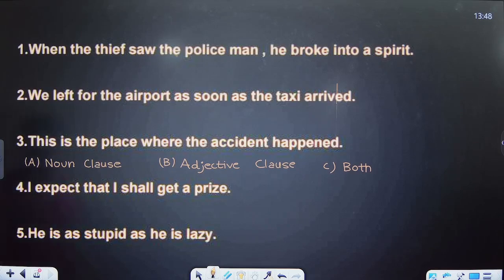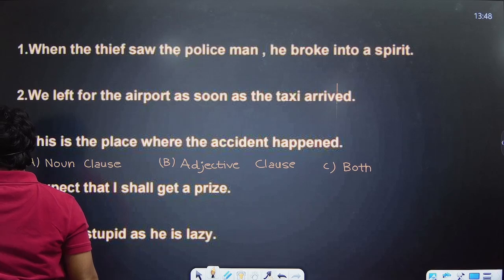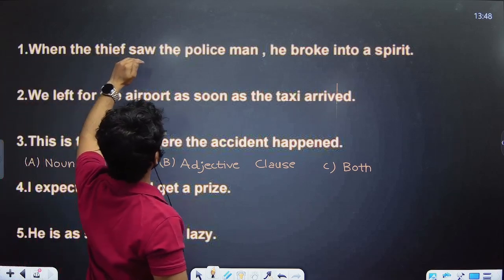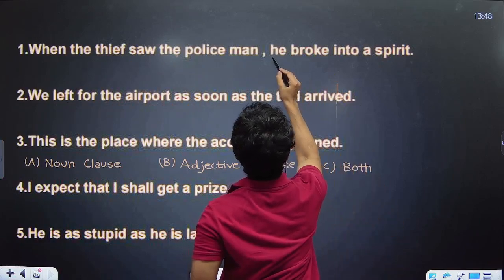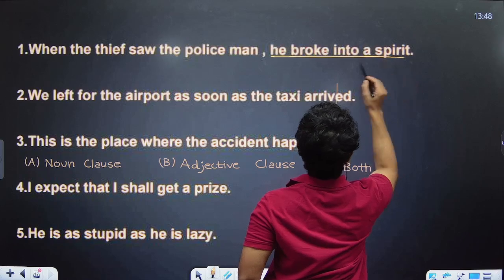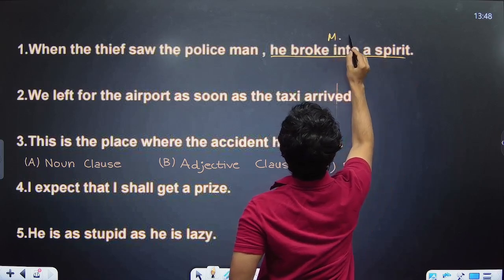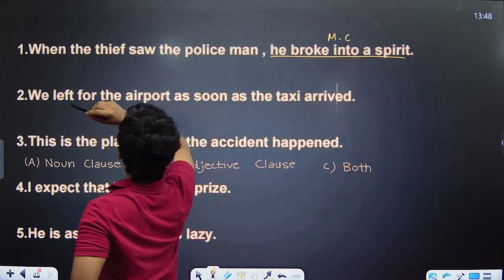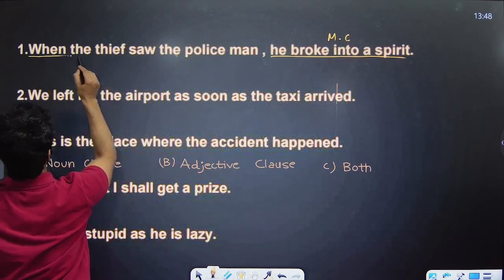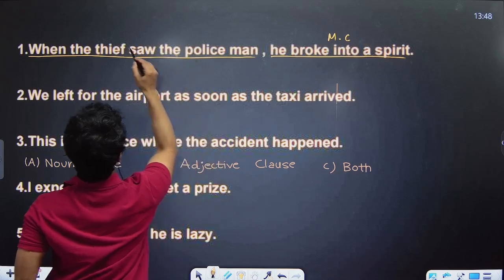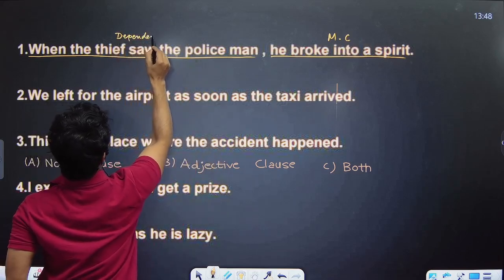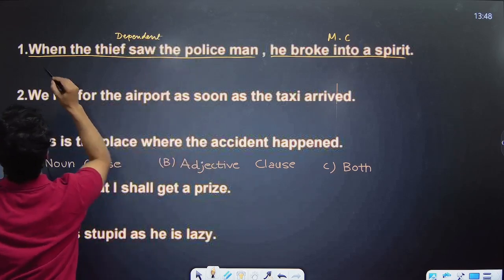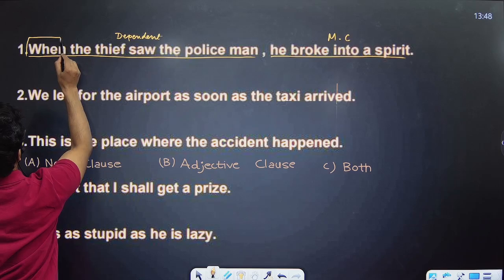The first one: when the thief saw the policeman, he broke into a sprint. This is your main clause. When the thief saw the policeman, this is your subordinate clause, the dependent one. Signal word: when.